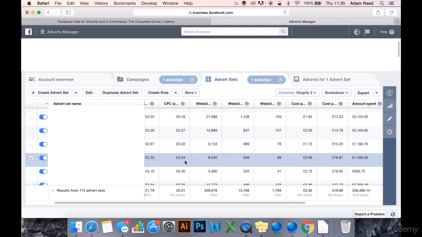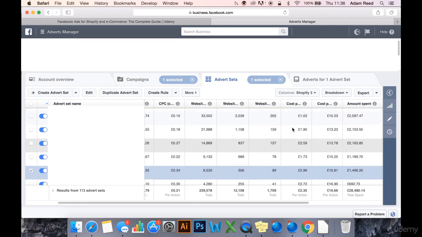So if I'm running ads and in the first few days, I run it for 3 days at £5 a day and I'm getting a CPC of 35 pence, I know that it's probably going to be profitable if I keep running it. The issue is if you're new to Facebook ads and you don't have past data to compare to, you can't make judgments on whether to carry on running ads or not based on the CPC.